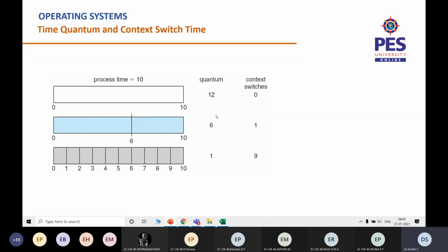In a similar way, if I reduce it to say 1 millisecond, then this process's required processing time is 10, so 10 times it needs to be loaded. That means at least 9 context switches need to happen. So you can see here, the larger the time quantum, the smaller the number of context switches.